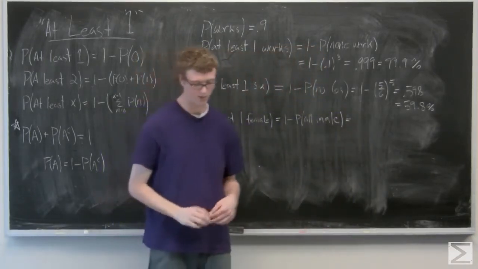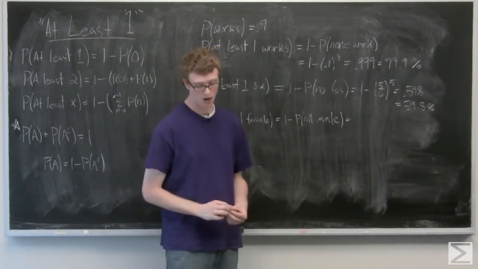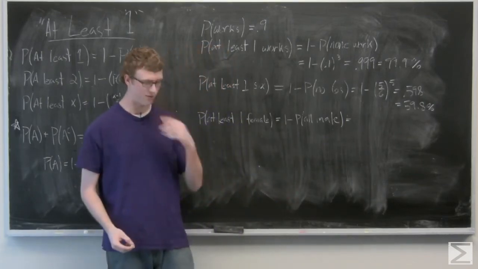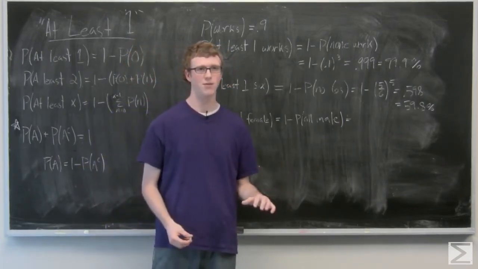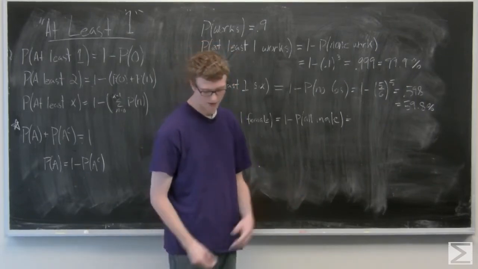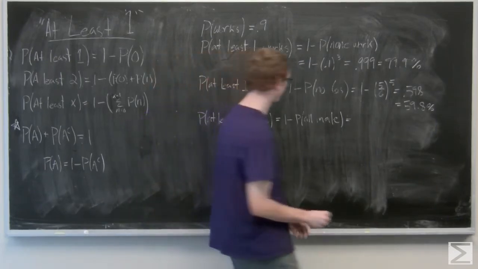And we have that the probability of the first male is 5 out of 8. The probability of the second male, well, these are not independent trials, because if you take 1 man, then you have 7 people left and only 4 men. So it's 1 minus 5 out of 8 times 4 out of 7 times 3 out of 6.